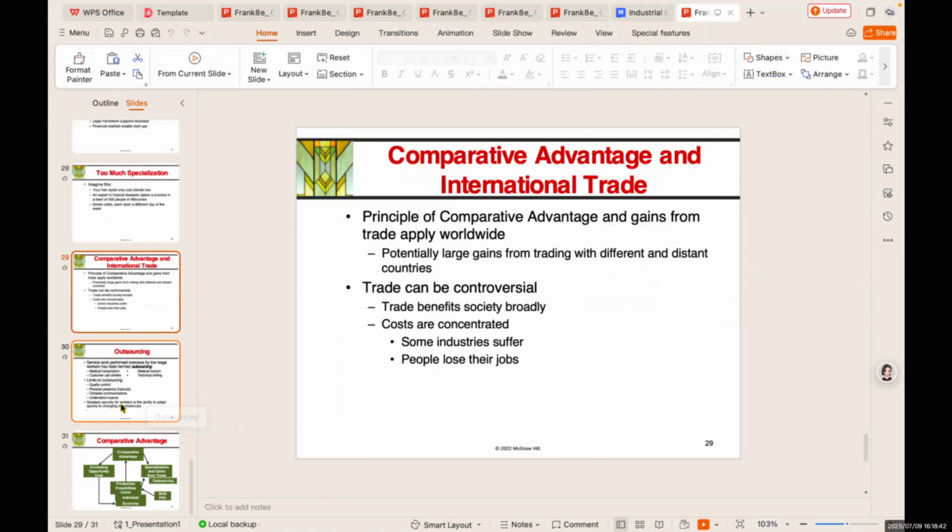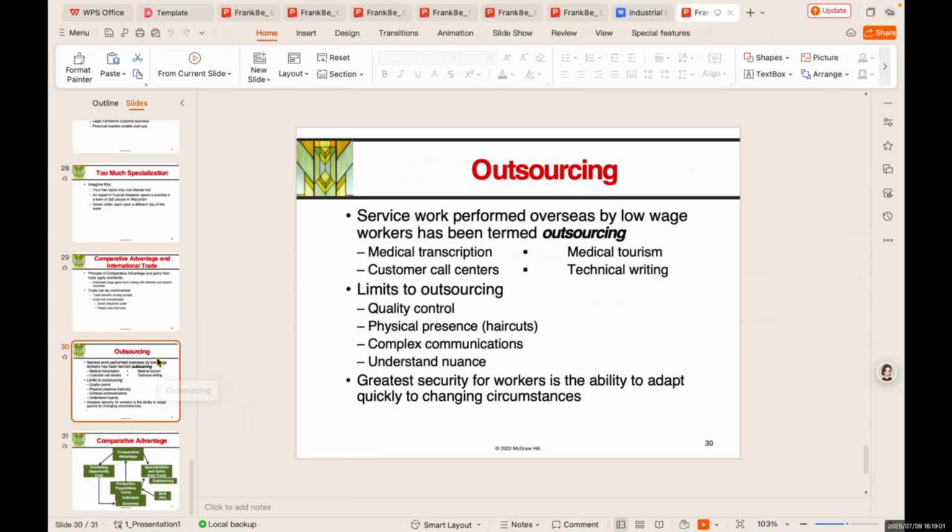Well, in this course, the trade is confined to an individual level. However, if there are two nations instead of two workers, the scenario can be extended into international trade, and we will discuss that in international economics. And in the scenario of international trade, outsourcing can be a way to control the cost.